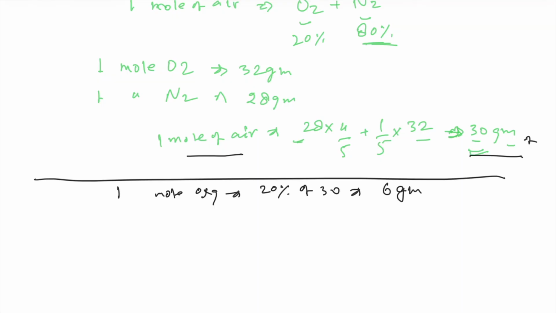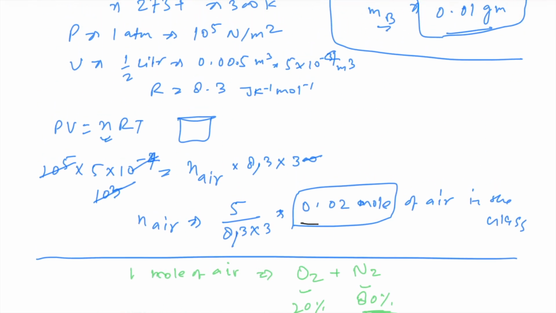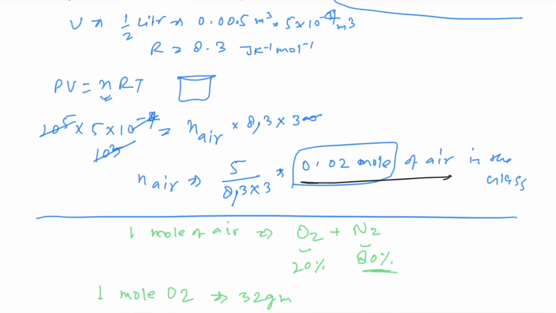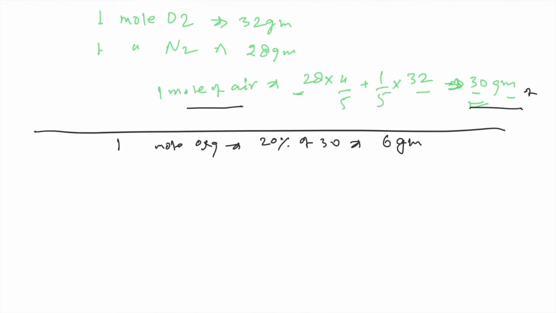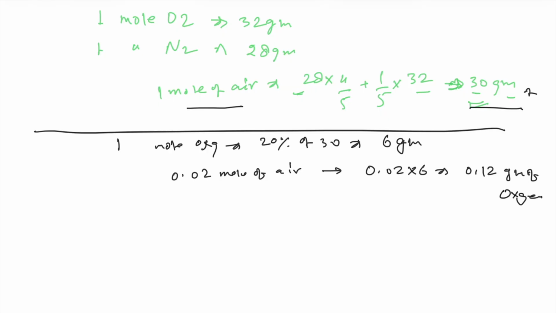Now how many moles of air were there? 0.02 mole, right? So out of 0.02 mole of air, how much would be oxygen? 6 gram per mole, so 0.02 into 6 would come 0.12 gram of oxygen out of this much air.